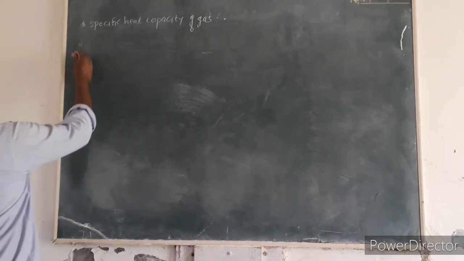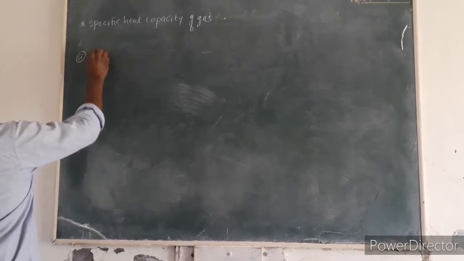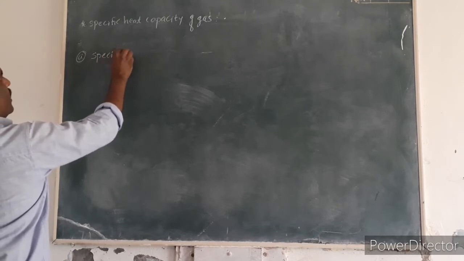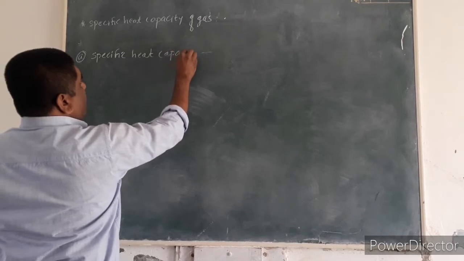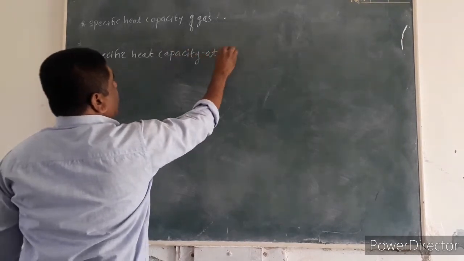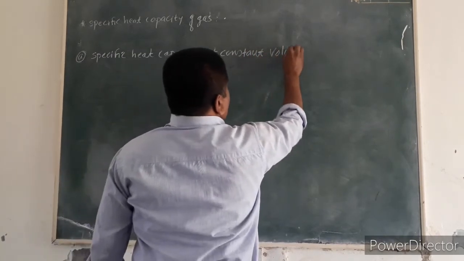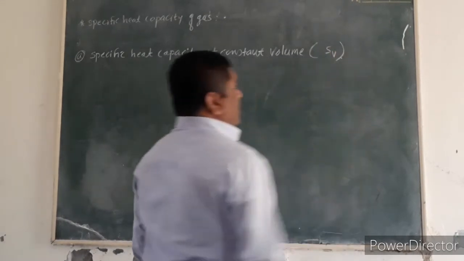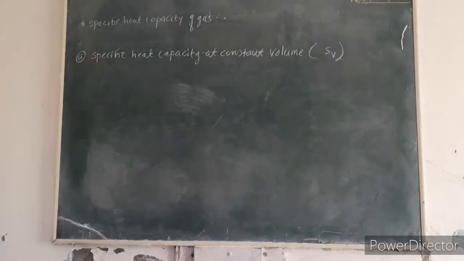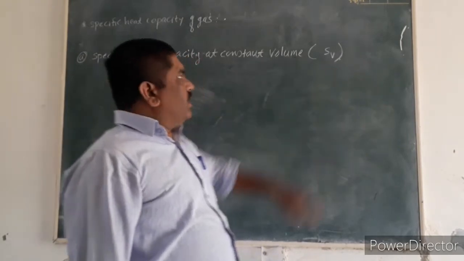The first type is called specific heat capacity at constant volume, denoted as SV. The first type of specific heat capacity of gas is specific heat capacity at constant volume, that is SV.